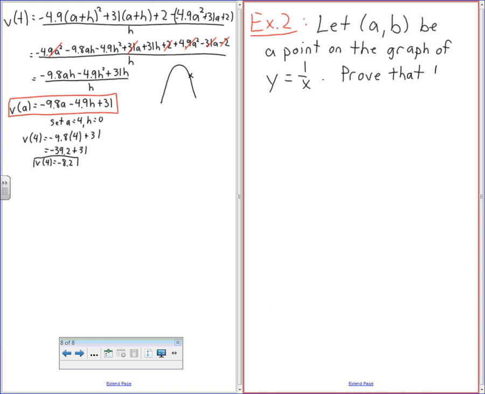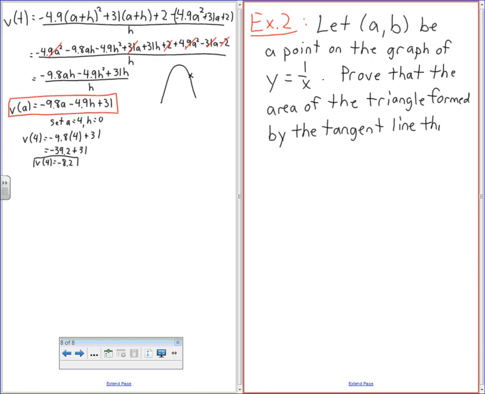Prove that the area of the triangle formed by the tangent line through A and B, and the coordinate axes is 2.